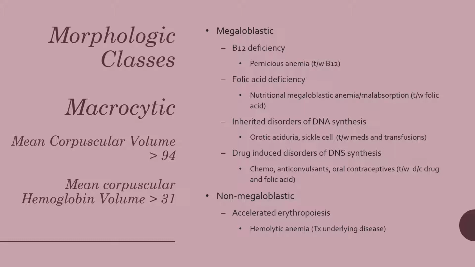So I have this particular set of lab values, and I look at the size of the cell. If I have a large immature cell, there are probably 4 essential categories of what has caused this to happen. A vitamin B12 deficiency is going to be one of the most prevalent causes.